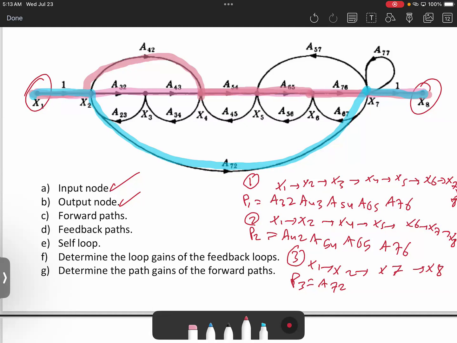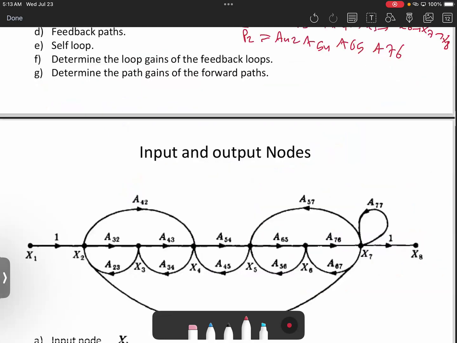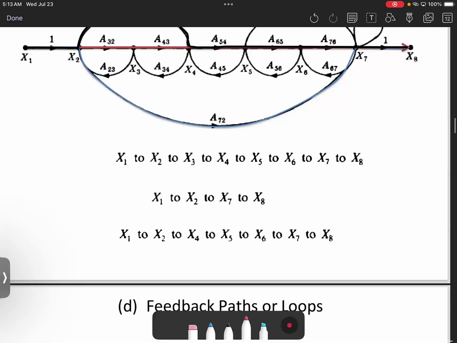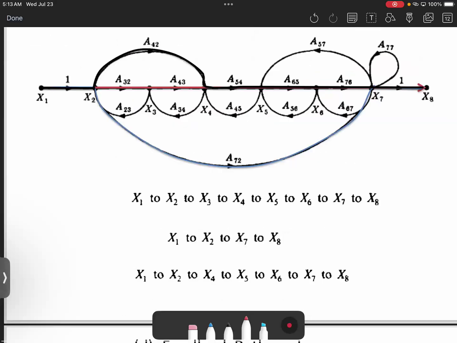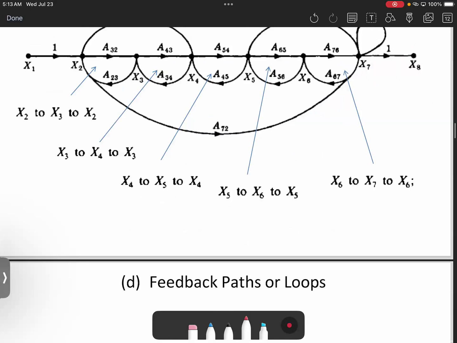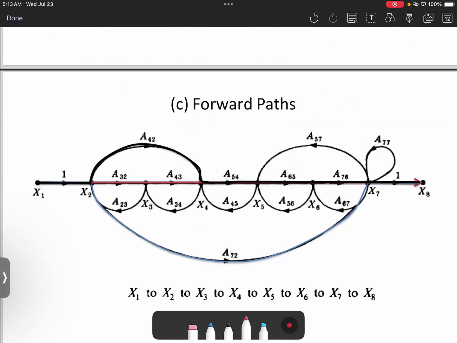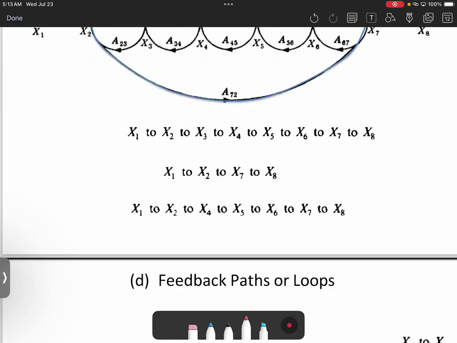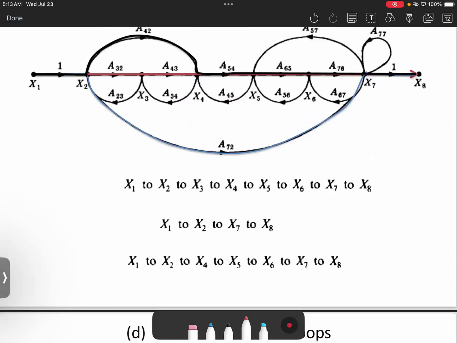I think there should be another one, but I don't know how to do it. We mentioned 3 paths: 1, 2, 3. Yeah, I think there's 3. I think the trick is in the loops, not in the paths. Okay. X1, X2, X7, X8. That's the 3 paths.